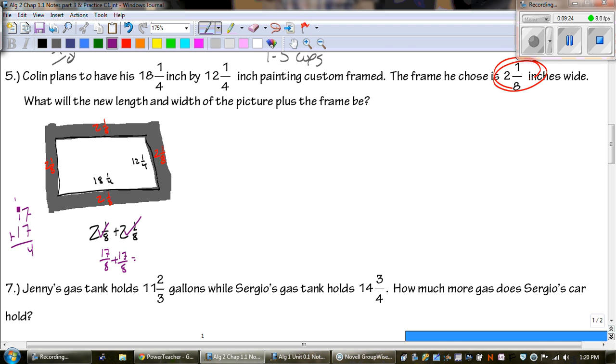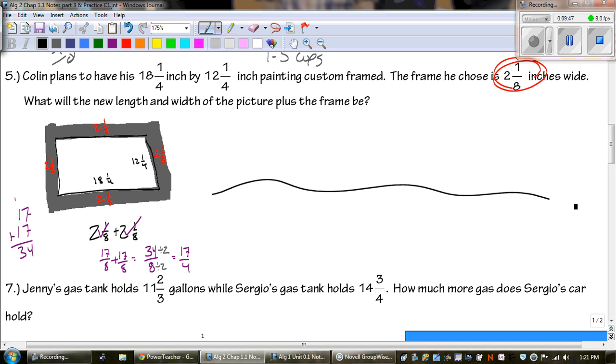Okay, 7 plus 7 is 14. Carry the 1, 34. We have 34/8. And we can reduce that by 2, and we're going to get 17/4. Now, that's just the side work, guys.